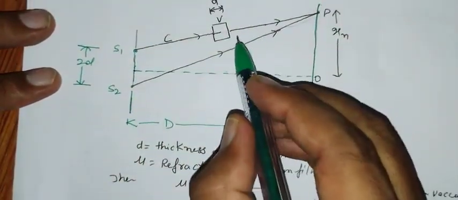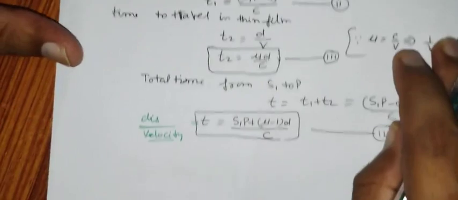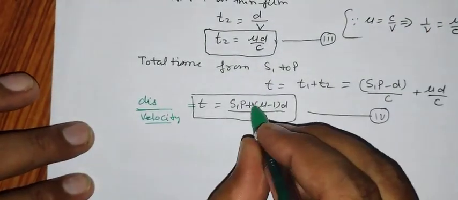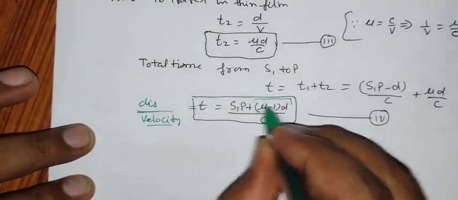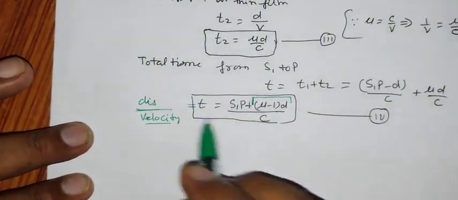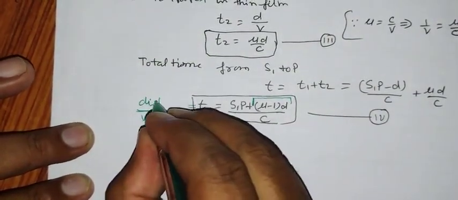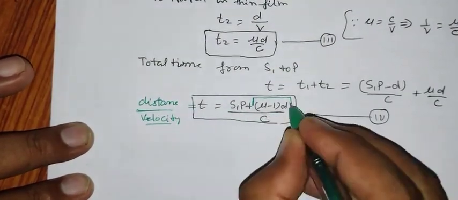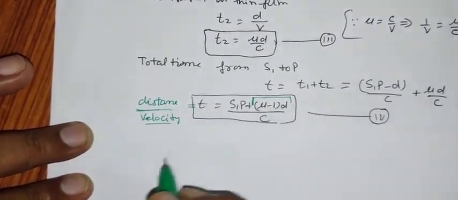But after introducing the thin film, see very carefully, it has to travel an extra path, mu minus 1 into d. The numerator is the distance, S1P plus the extra.